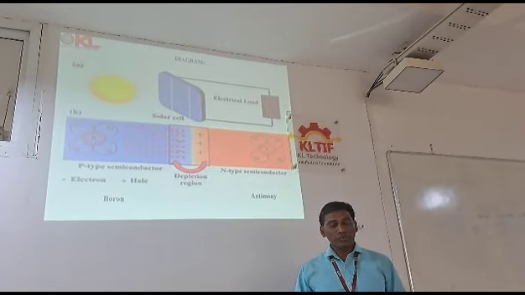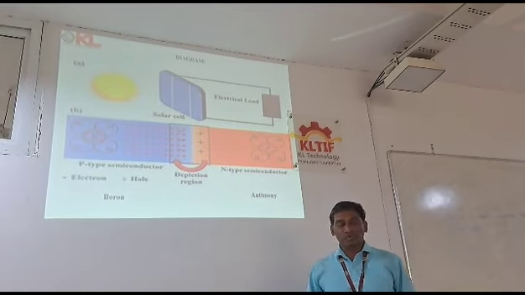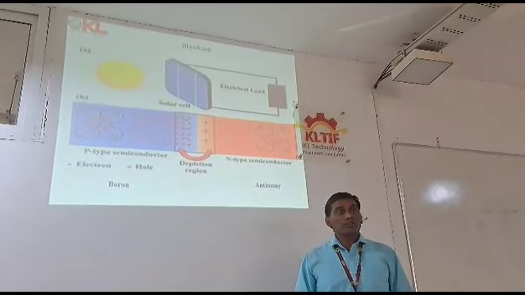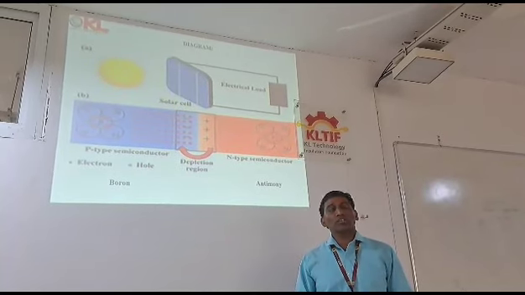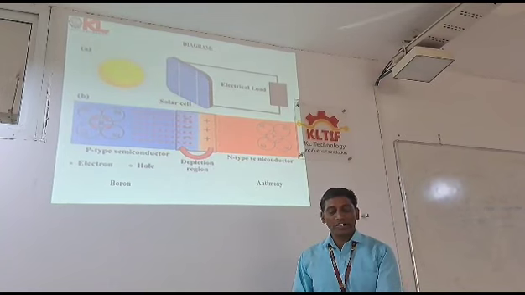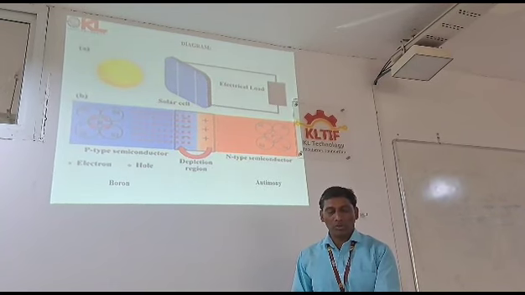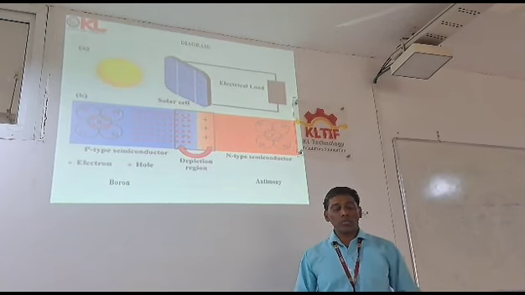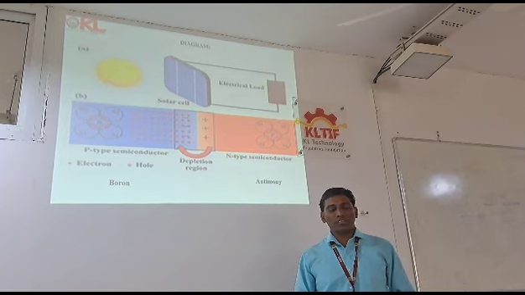Once the newly created free electrons come to the N-type side, they cannot further cross the junction because of the barrier potential of the junction. Similarly, the newly created holes accumulate on the other side, that is the P-type side of the junction.